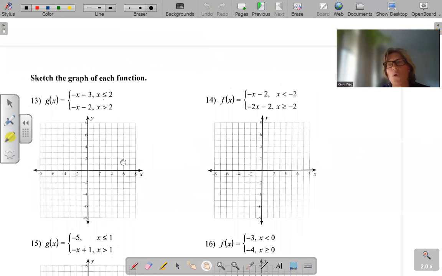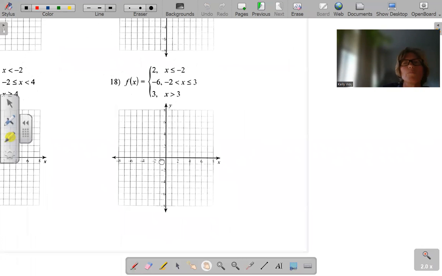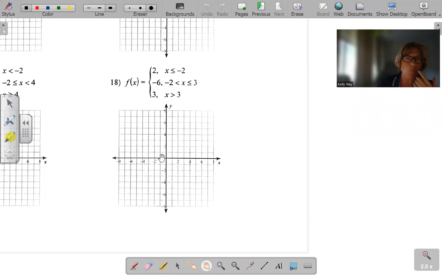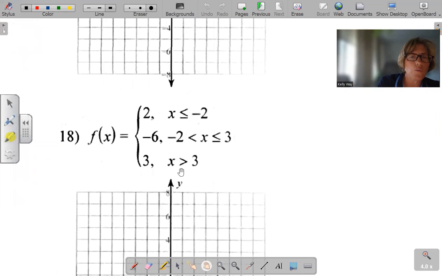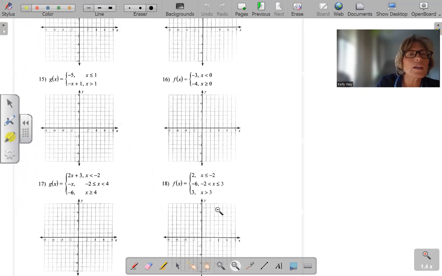Now, these are a little bit more interesting. These are called piecewise functions. I'm simply going to start with the most complex, and then work our way. So what we have here, let me double check they're all lines. Yes.